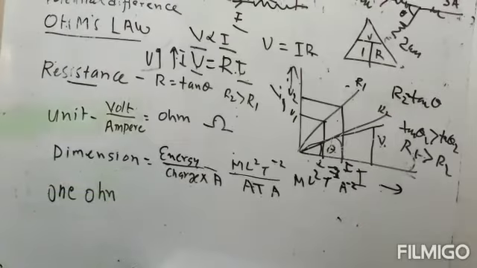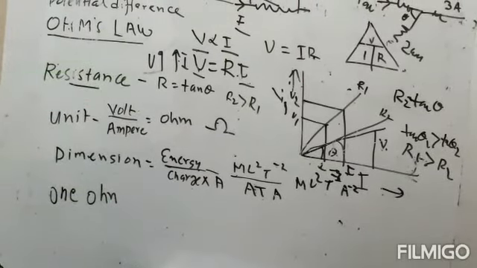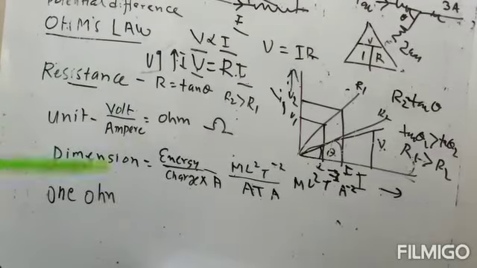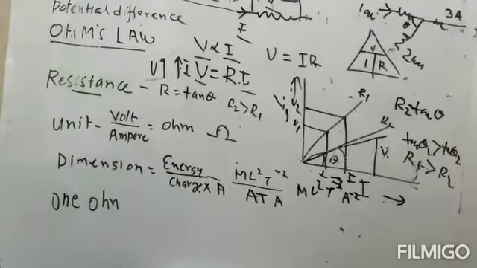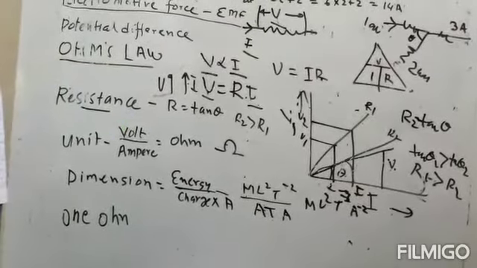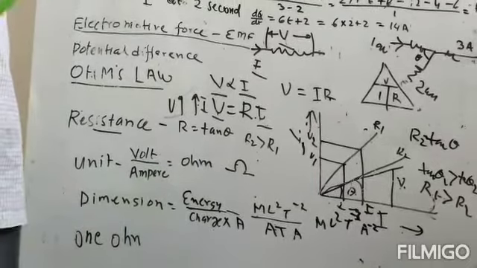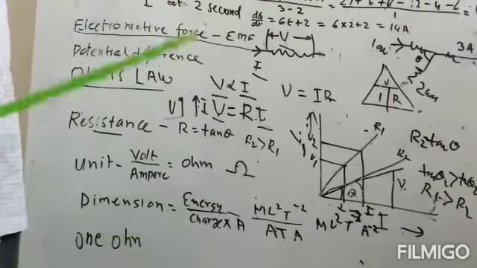I repeat it. If 1 ampere current is passing through the conductor and the potential difference between the two ends of the conductor is 1 volt, then the resistance of the conductor is 1 ohm.